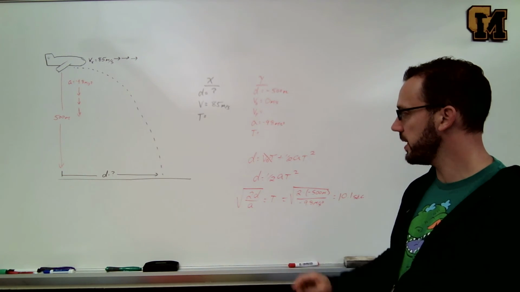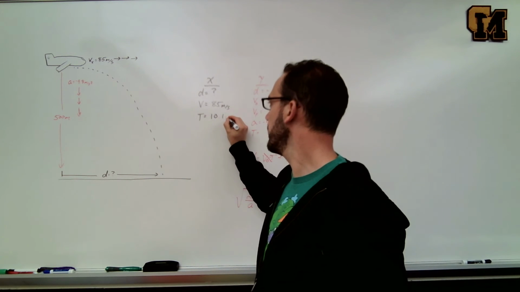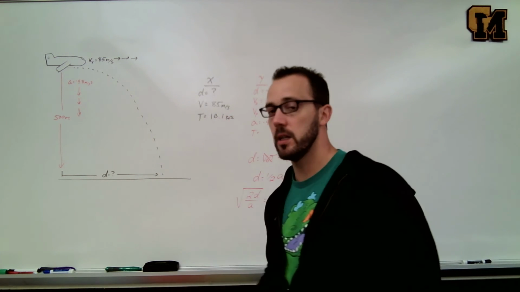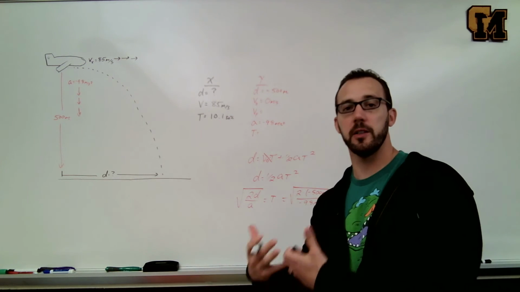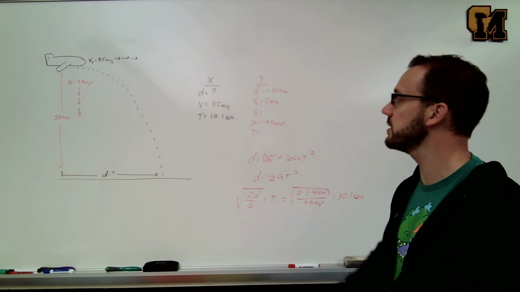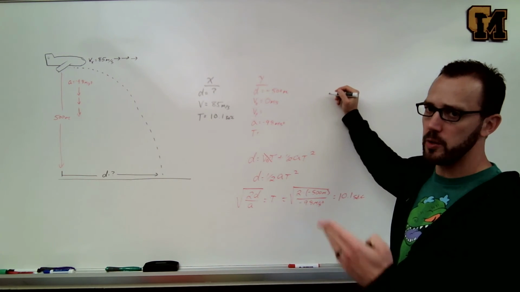Now, that means that in the X direction, it's got 10.1 seconds to get to the ground. So that's how far it's going to be able to travel, is the amount of distance it can travel in 10.1 seconds. So now I'm going to solve in the X direction. That's constant velocity motion in the left and right.